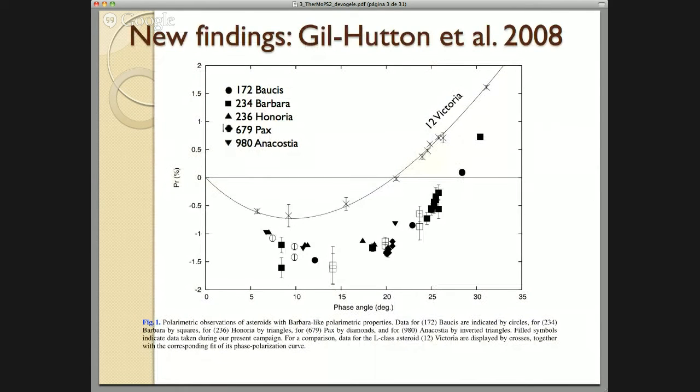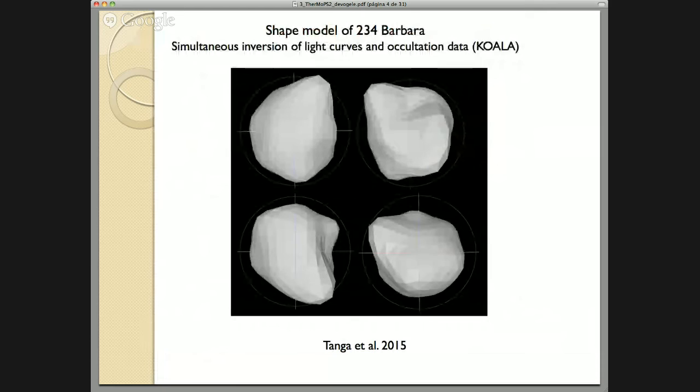Since this discovery in 2006, the asteroid Barbara has been widely observed, and non-convex inversion was possible using the KOALA algorithm. As was suggested, concavities may play a role: in the case of Barbara, we found several large-scale concavities on the non-convex shape model.